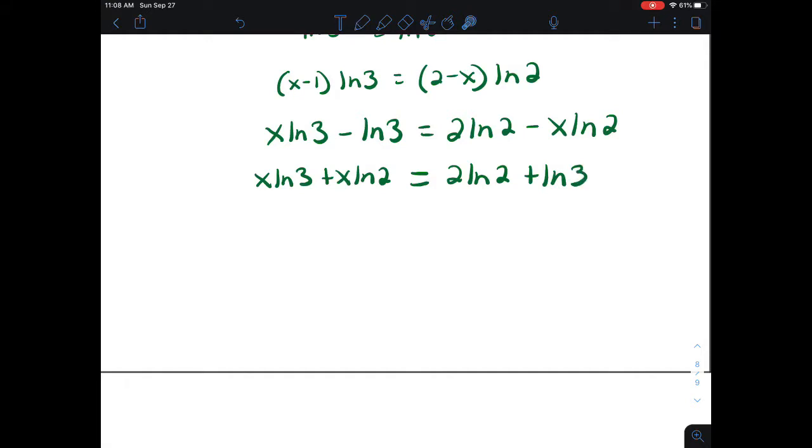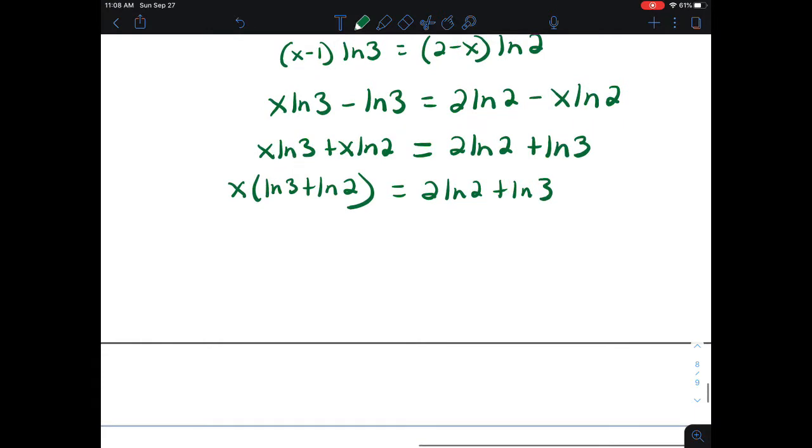Now we're going to factor out an x on the left-hand side. So we'd have x times the ln of 3 plus the ln of 2 equals 2 times the ln of 2 plus the ln of 3.